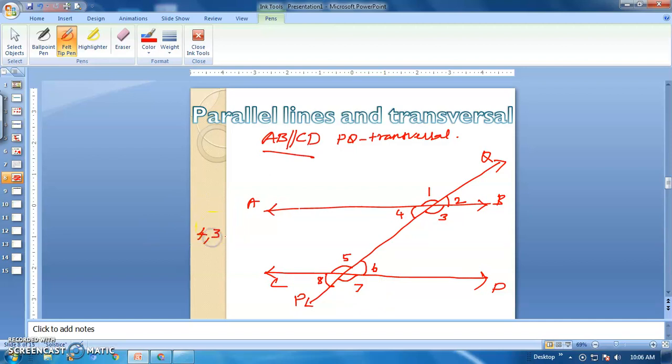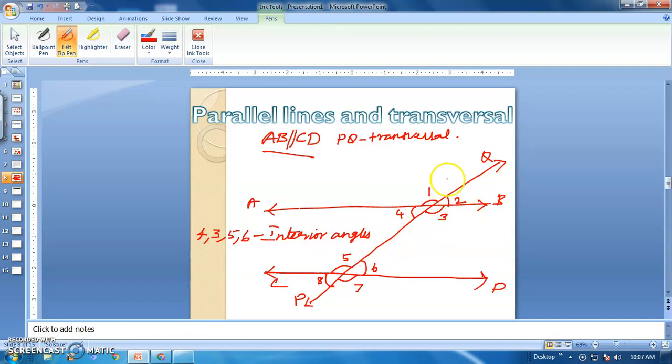Now out of these 8 angles, take angles 4, 3, 5, 6. What is the position of 4, 3, 5, 6? These 4 angles lie inside the parallel lines AB and CD. Therefore, they are called interior angles. They are lying inside the parallel lines AB and CD, that's why they are called interior angles.